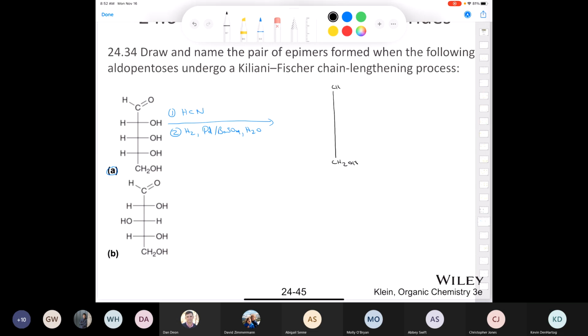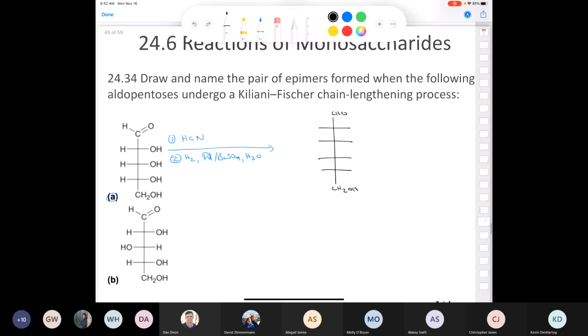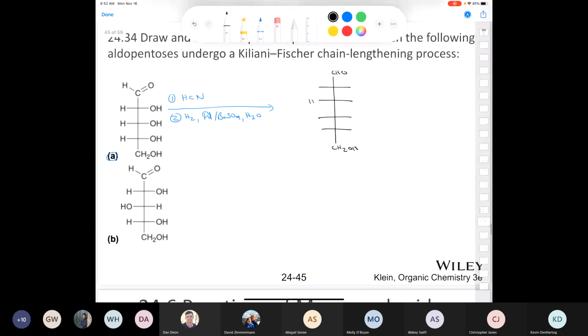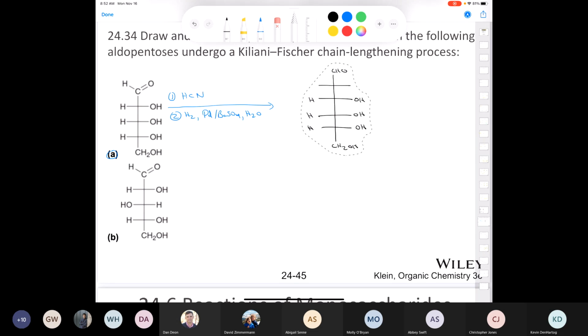We have our aldehyde at the top. We have 1, 2, 3, 4. The bottom 3 remain unchanged. That's going to be the same as these 3. And so we'll put 3 hydrogens here and 3 hydroxyls here. Okay, I'm going to copy this.